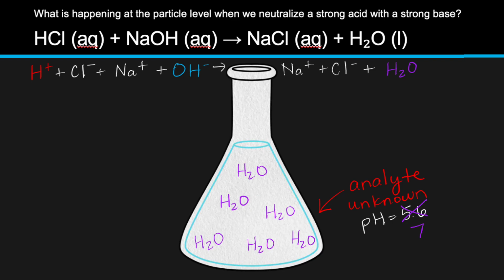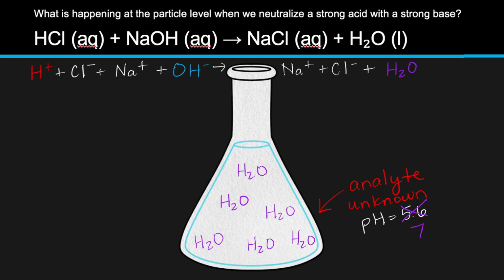So now all of our acid has been neutralized, and we have a neutral solution with a pH of 7 with just water. Now this is what is known as the equivalence point. So our moles of acid equal our moles of base. Now in a titration, this would also be your endpoint, or when the indicator changed color.